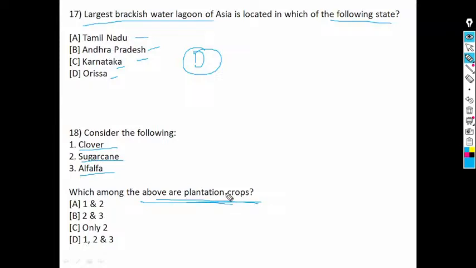Of clover, sugarcane, and alfalfa, the plantation crop is only sugarcane. C.